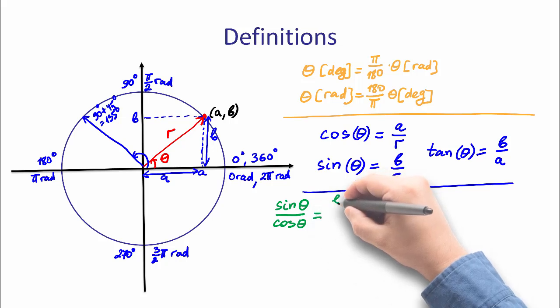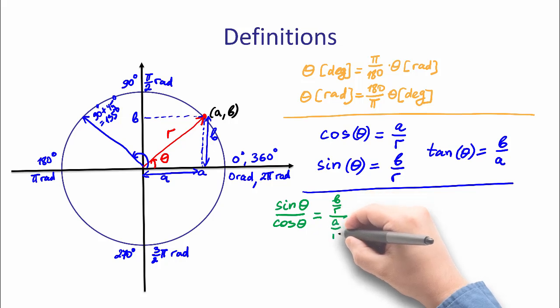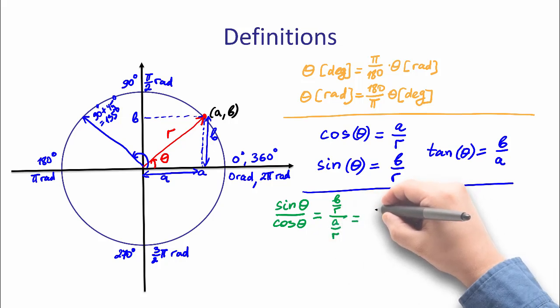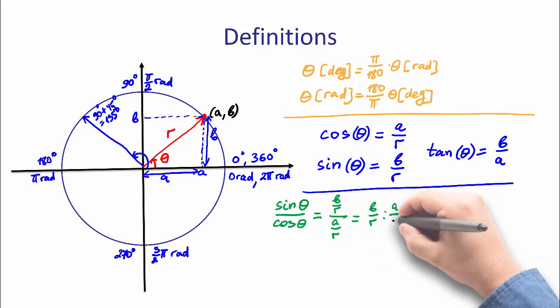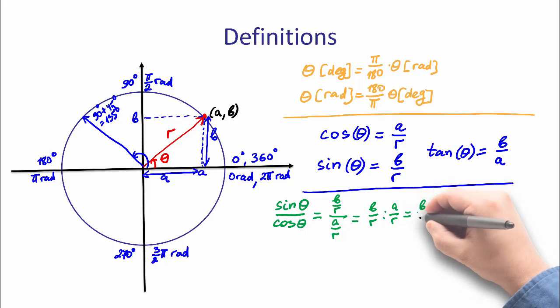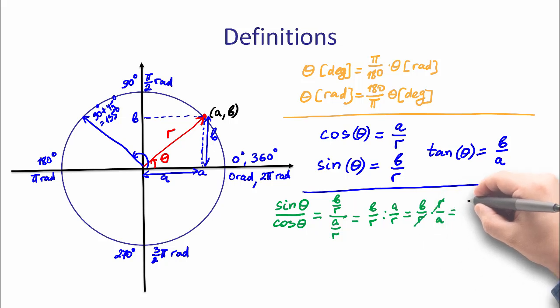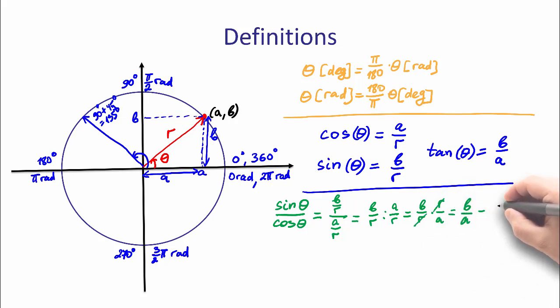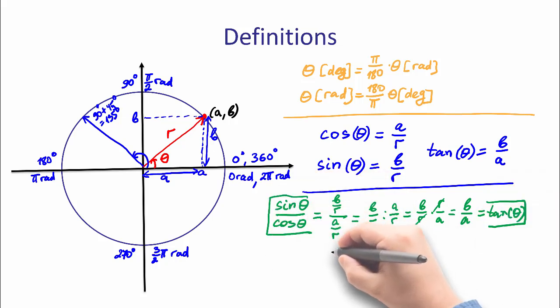It will be B over R divided by A over R, which is the same as B over R multiplied by R over A, which is B over A, and by definition this is tangent of theta. So now we know that sine of theta divided by cosine of theta is tangent of theta. Let's try something else.